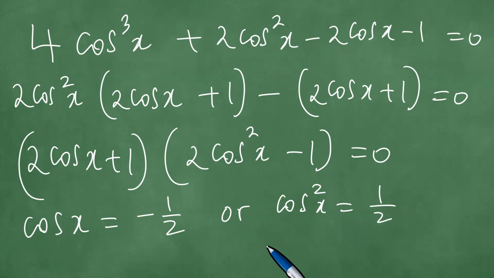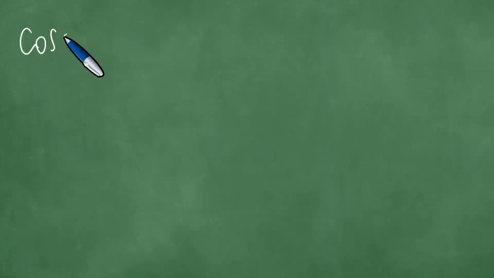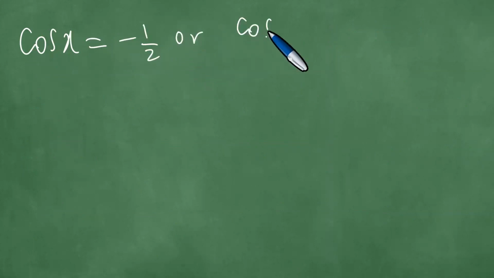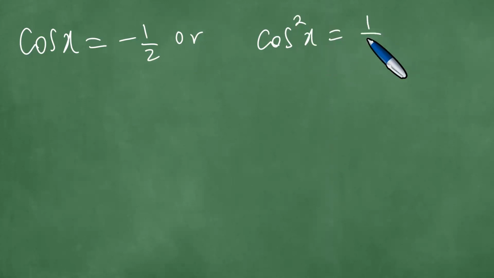Right, so we examine this very carefully, and we need to solve for x. Solving for x, we have the following. Cosine x equals minus 1/2, or cosine squared x equals 1/2.